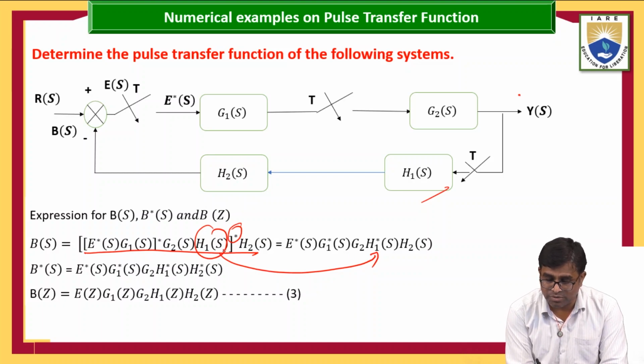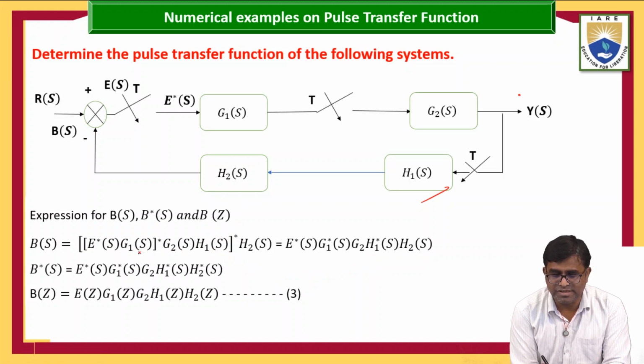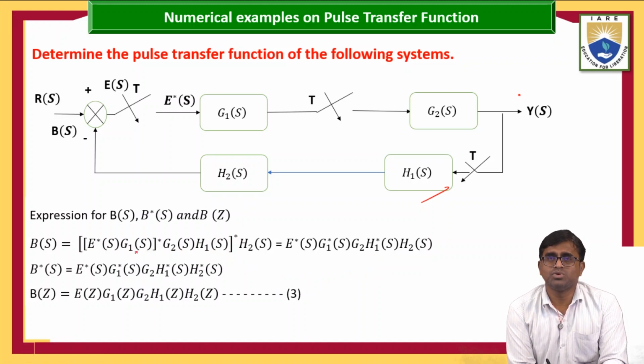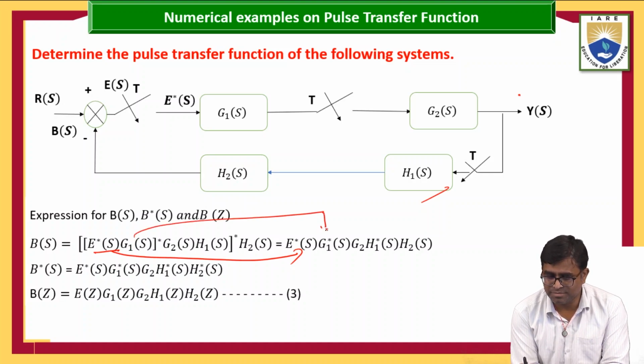Sorry, one more. In this bracket, a sub bracket will be there. In the sub bracket, we have two functions with star Laplace. So what happened? It is coming to the same, to star.